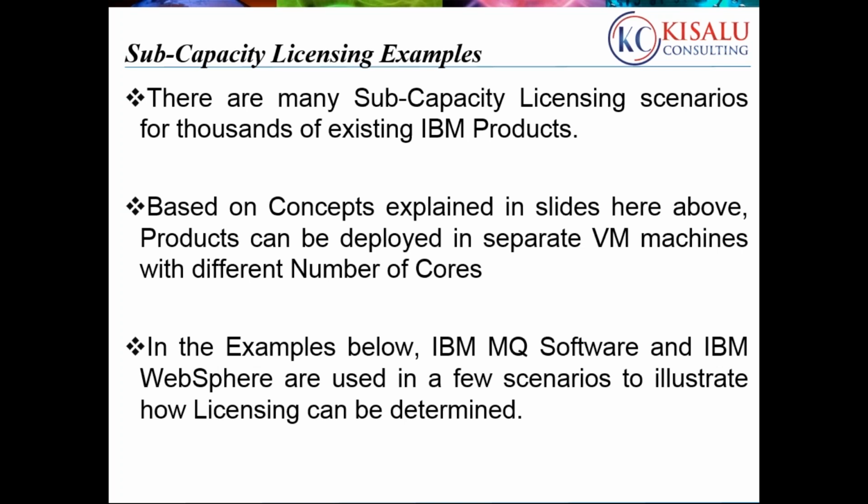Based on the concepts that we have explained above, we have a few examples that we will discuss based on the VM machines with the different cores that we selected. In the examples below, we will see MQ software and IBM's WebSphere software, which are used to illustrate how licensing can be determined.